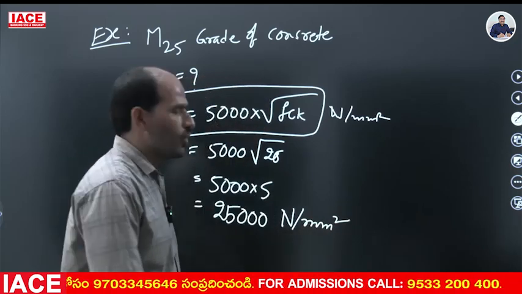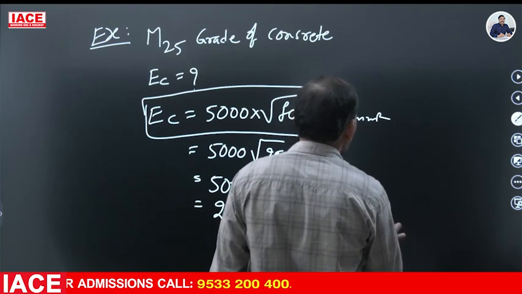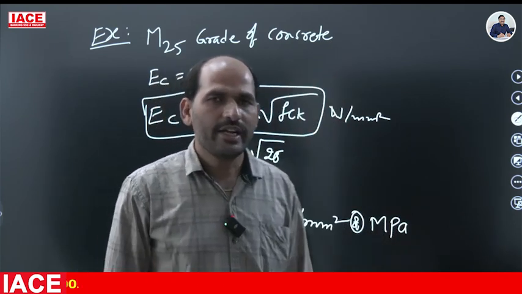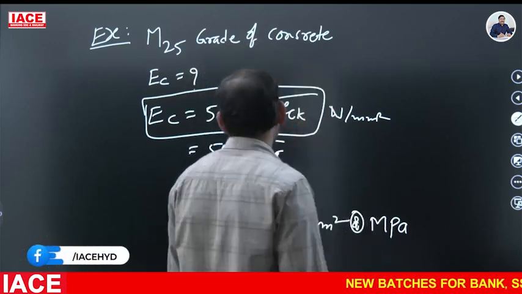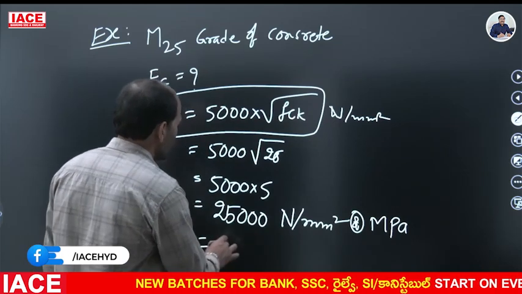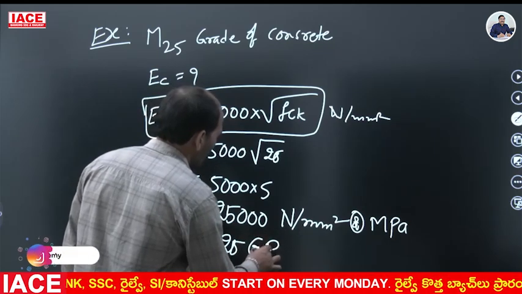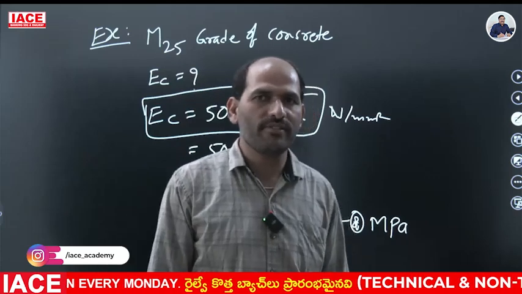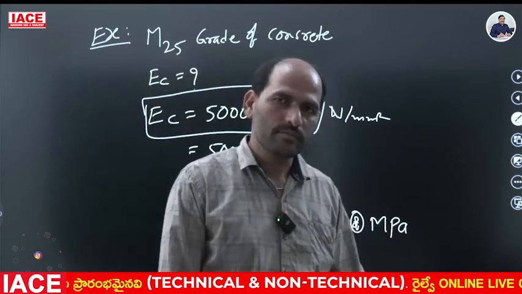Or simply we call it 25,000 megapascal. Megapascal means 10 to the power of 6, and gigapascal means 10 to the power of 9.